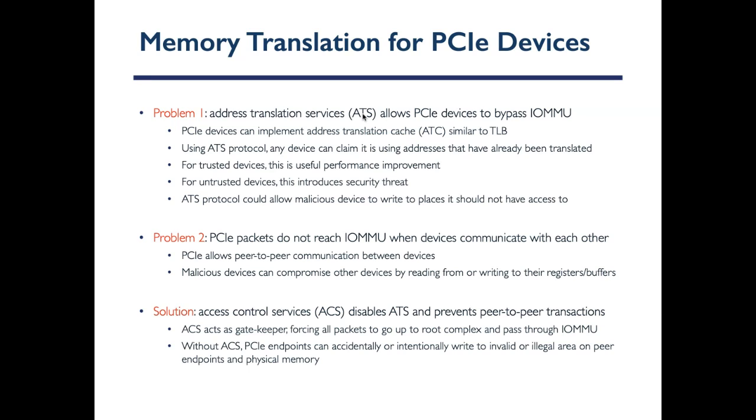The other good thing that it does is that it prevents peer-to-peer communications and translations. So it requires all packets to come all the way to the root complex before they are routed back to any other devices. So even though you don't need to, if you enable Access Control Services, then all packets have to go through IOMMU. And that is a perfect solution for both of these problems that I just pointed out.